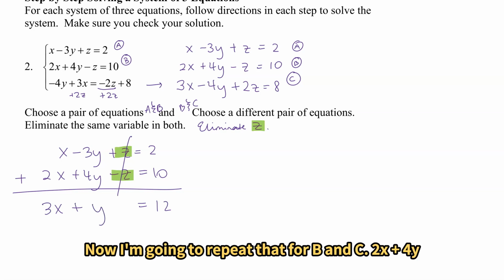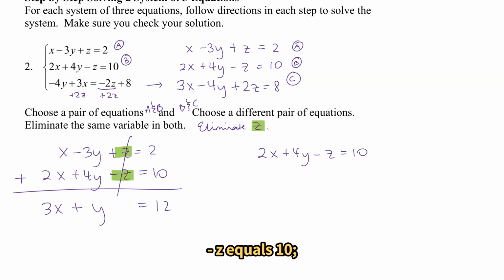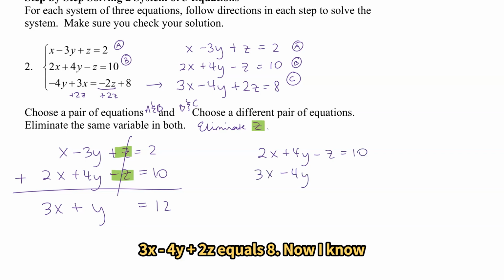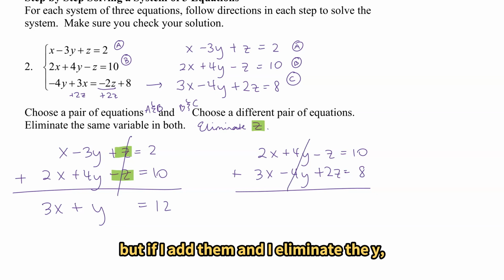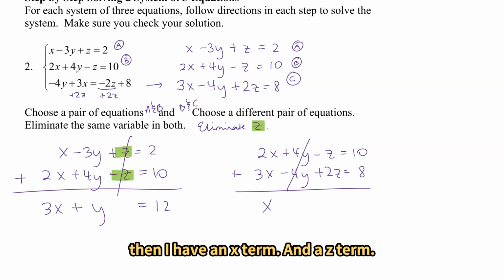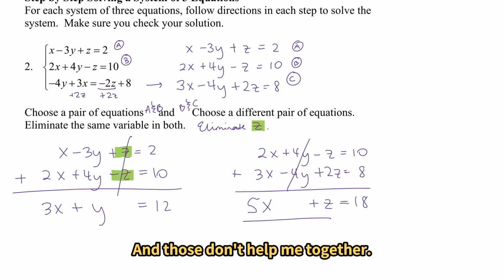Now I'm going to repeat that for B and C. 2x plus 4y minus z equals 10. 3x minus 4y plus 2z equals 8. Now I know it's tempting to just go ahead and add these right now, but if I add them and I eliminate the y, then I have an x term and a z term, and those don't help me together.